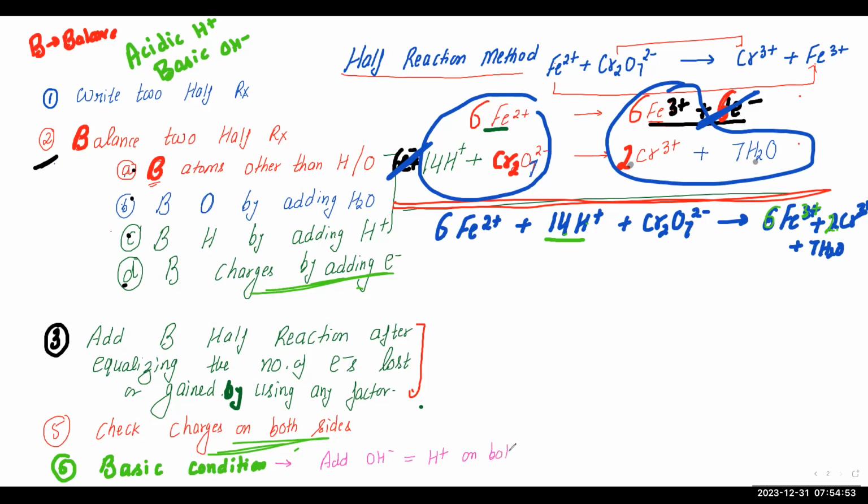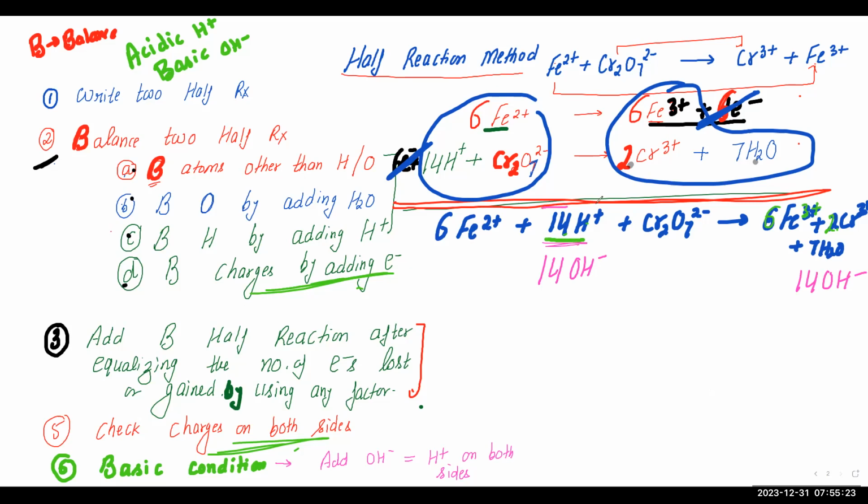On both sides. Don't add it only on one side. If you add it on one side, your equation will become unbalanced. Like how many H plus are here? 14. So how many OH minus should I add, children? 14. So 14 OH minus on this side and 14 OH minus on this side.